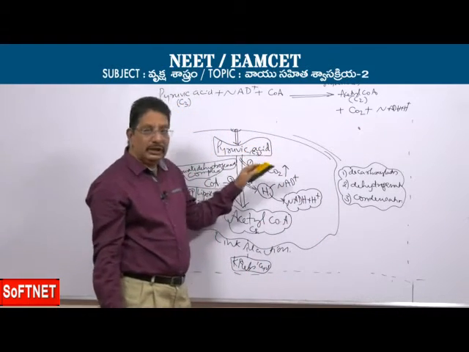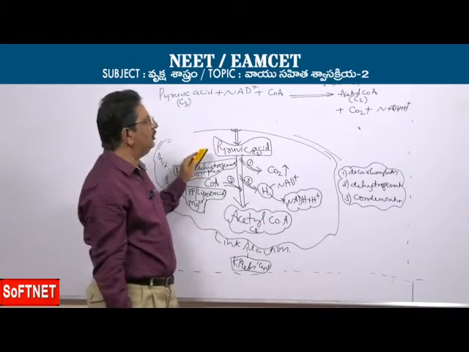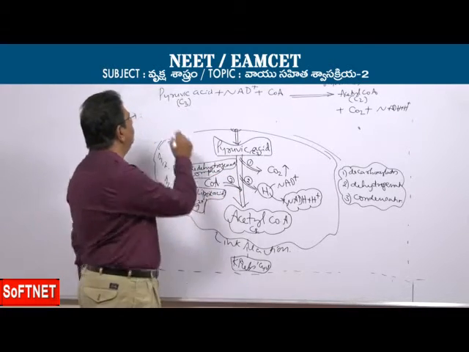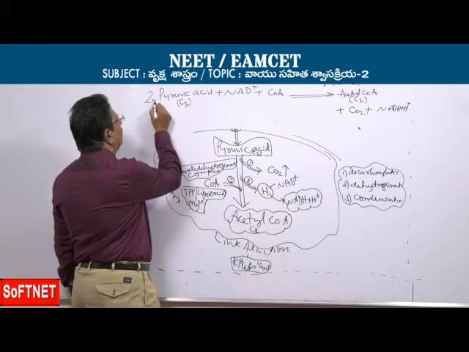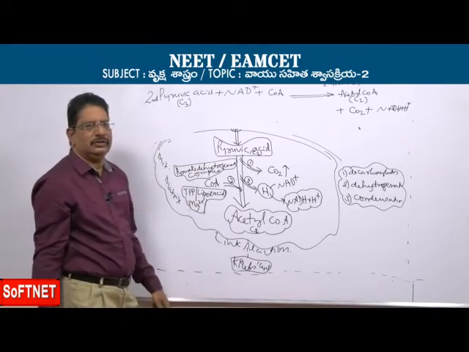Basically, after glycolysis, the participation of 1 molecule of glucose, we will get 2 molecules of pyruvic acid.